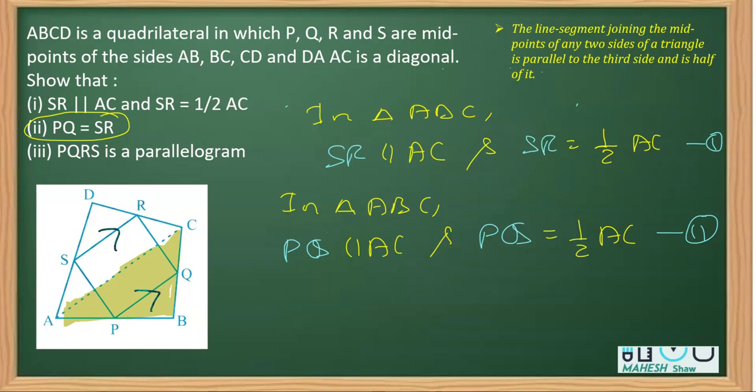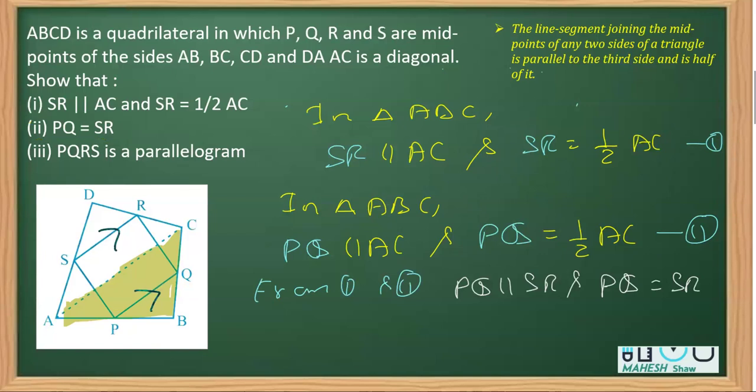Two lines which are parallel to the same line are parallel to each other. Now from 1 and 2, we can write that PQ is parallel to SR and PQ is equal to SR. Although in the second part we just need to prove that PQ is equal to SR, in addition I also wrote this.